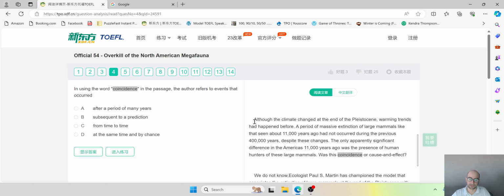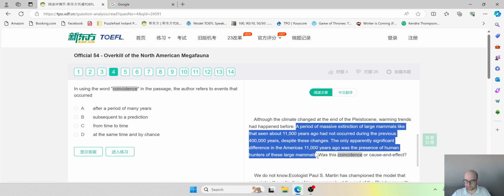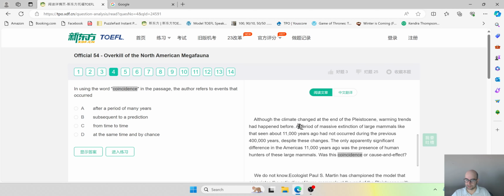It'll be more clear. So it is true that although the climate change at the end of the Pleistocene period, right? But, imagine there's like a but there. Warming trends, so this is kind of related to climate change, had happened before, prior, right? Okay, cool. So the rest of the paragraph's gonna go into detail about this.